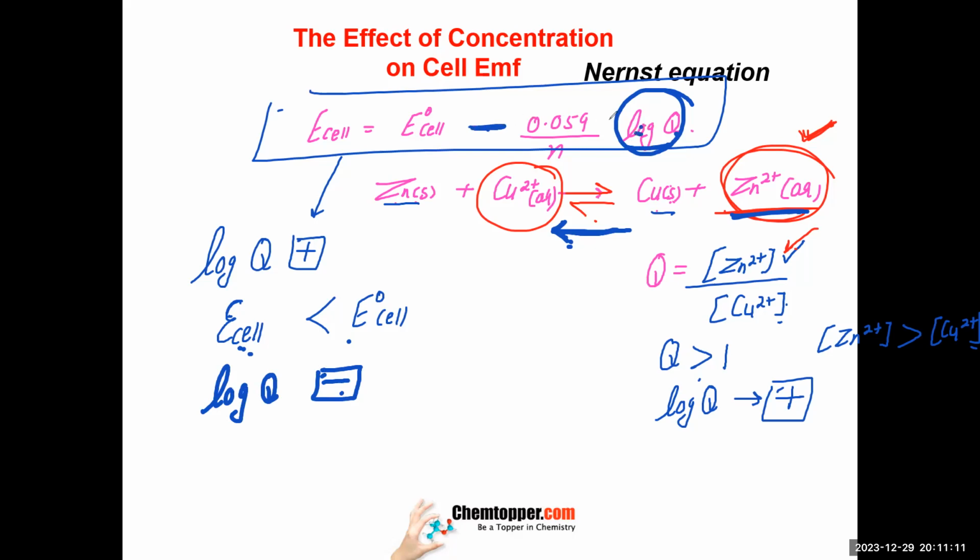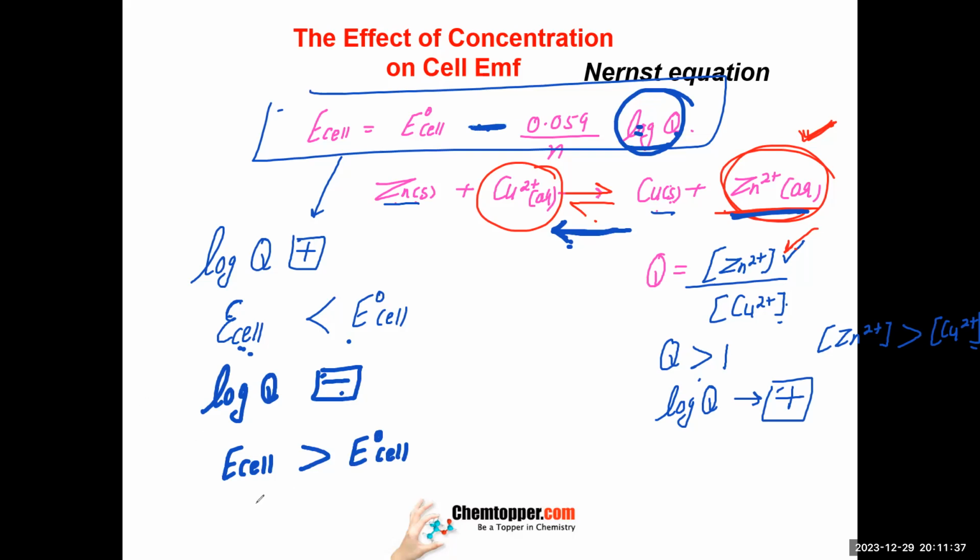Negative, negative will become positive. Then E cell is greater than E naught cell, because negative, negative is positive.